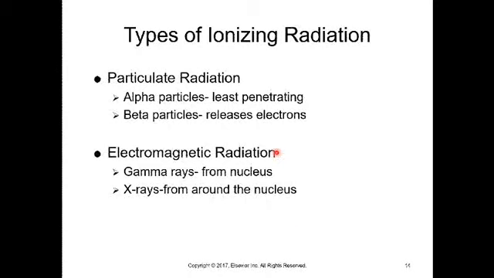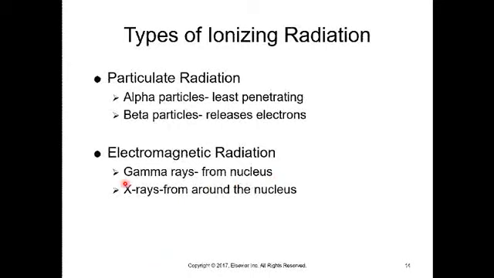Then you move on to your electromagnetic radiation, which obviously we deal with X-rays. And with electromagnetic radiation, the biggest difference between them is their origin, so where they come from. Gamma rays come directly from the nucleus.